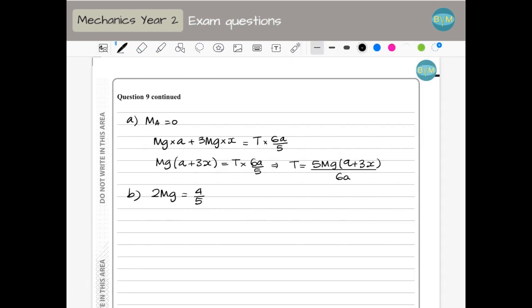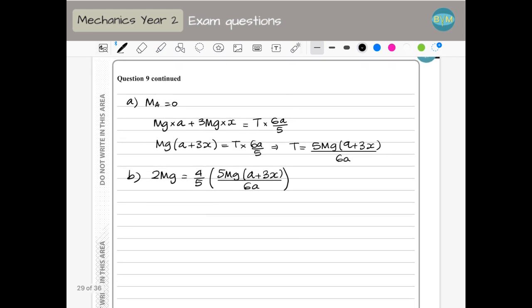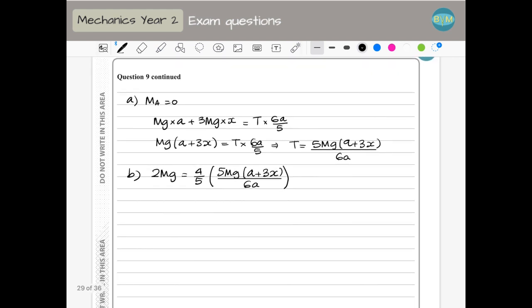And I have an expression for t, which is this one. So I'm going to write this because this includes the x and I need x. So instead of t, I'm going to write 5mg(a plus 3x) divided by 6a, and then I'm going to simplify until I have my expression for x. I can cancel this 5 with this 5.